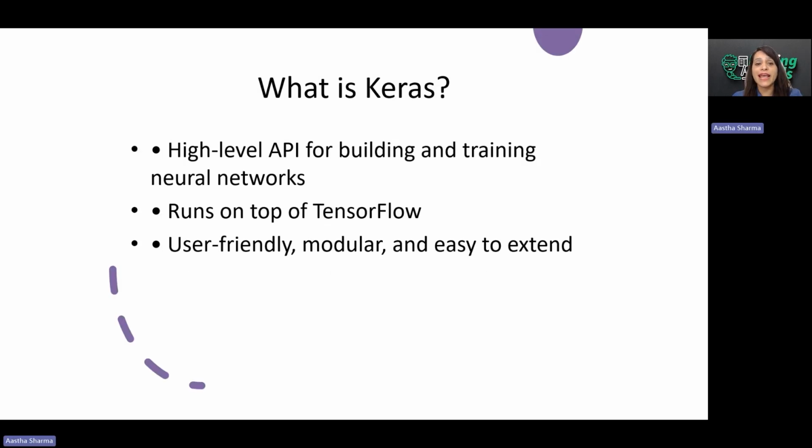Basically, you can run it on top of TensorFlow with the help of Keras also. Keras is a high-level API for building and training neural networks. So when we combine TensorFlow and Keras, you will find it modular, and you will be able to convert your complexity into a user-friendly outcome.